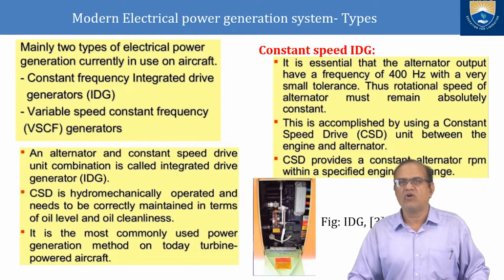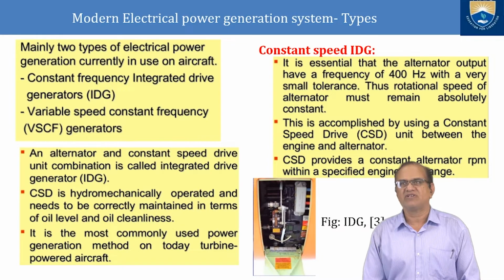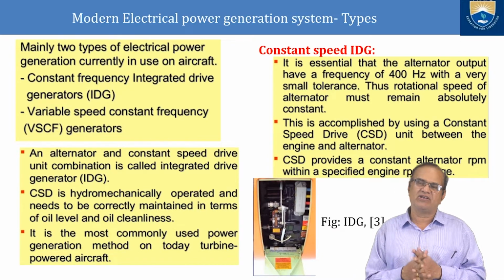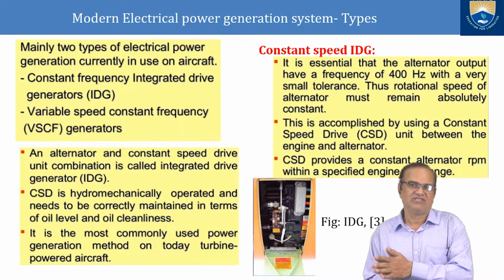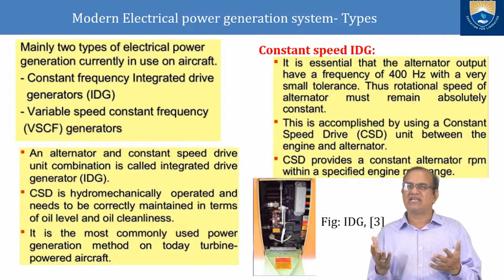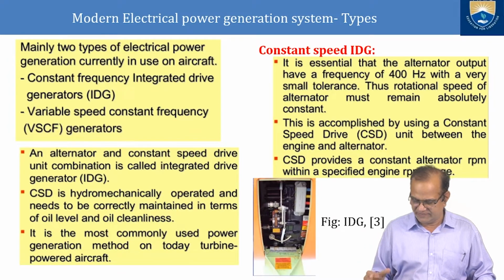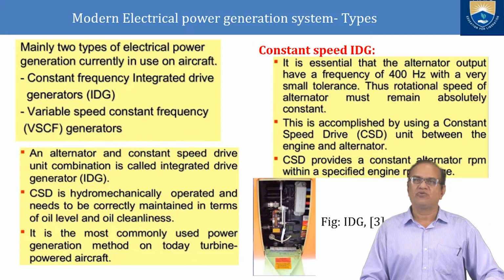Now I'm going to discuss the modern electrical power generation system. We have discussed the two types of sources. One is the battery, another is the generators. In battery we have two types, lead acid and nickel cadmium. For the generator also we have two types, AC generator and DC generator.